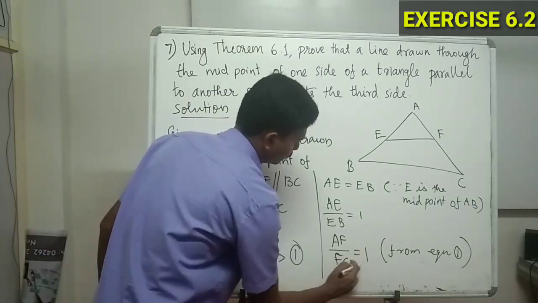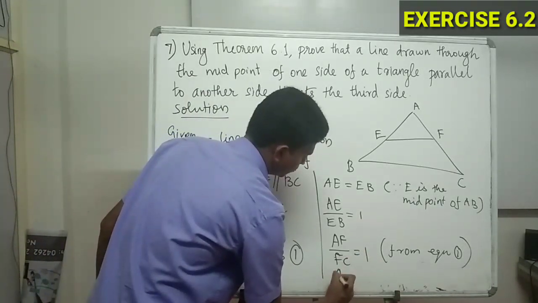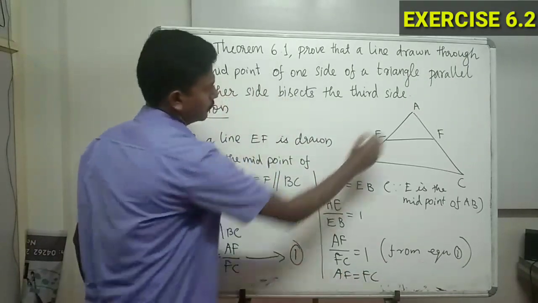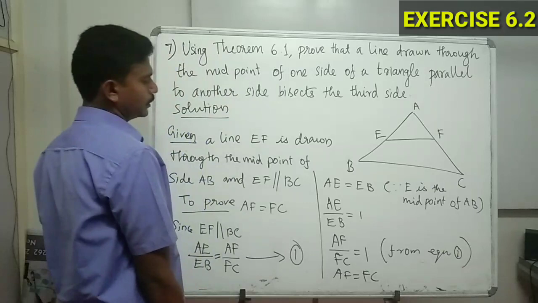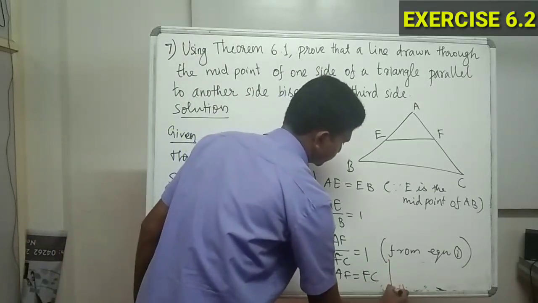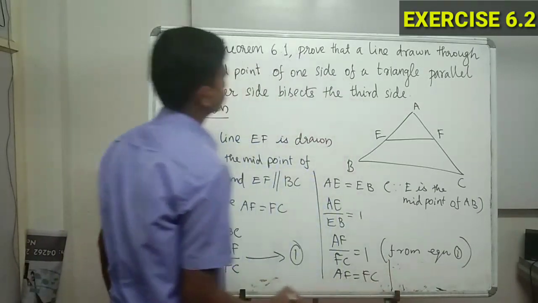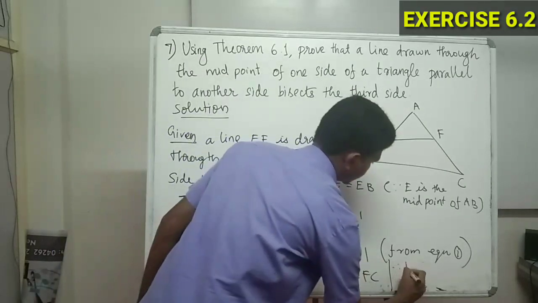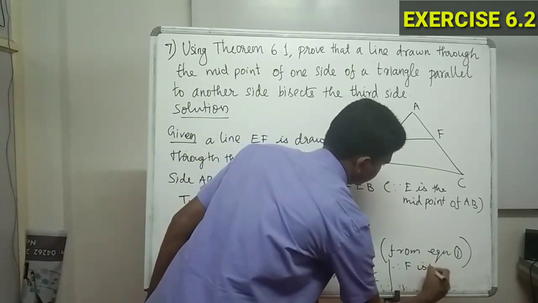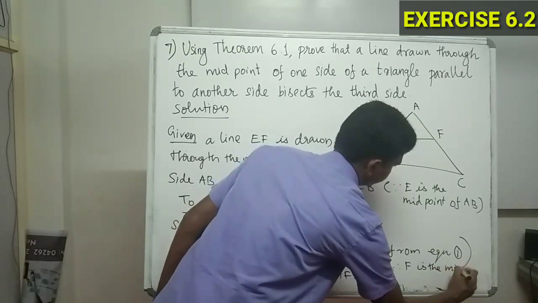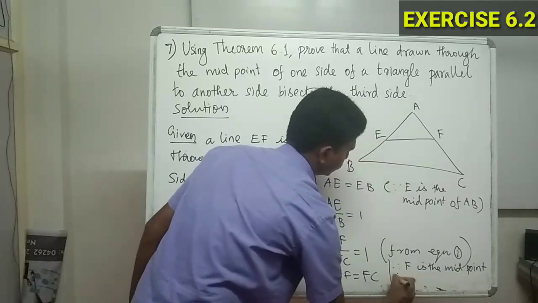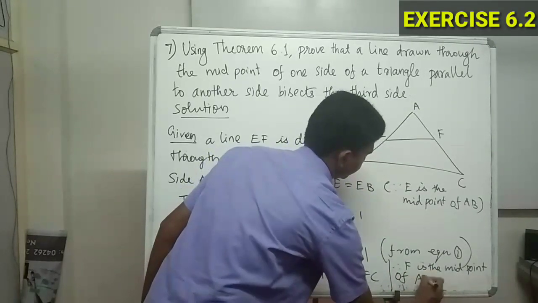So FC, we can send to that side. We can say that AF is equal to FC. Therefore, F is the midpoint of AC.